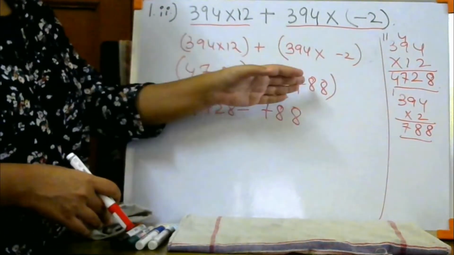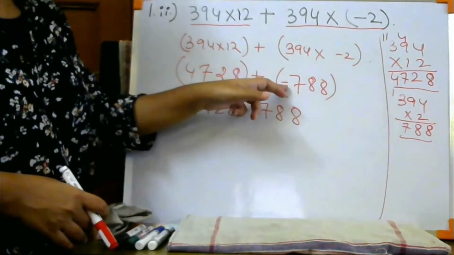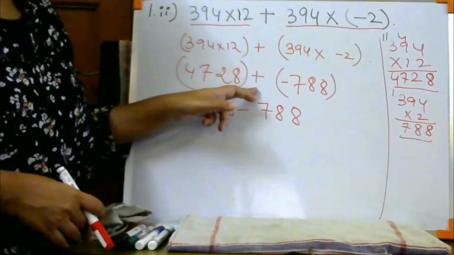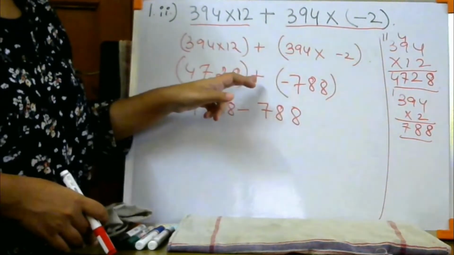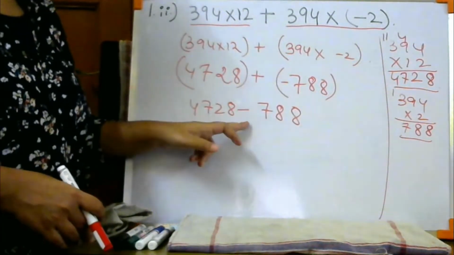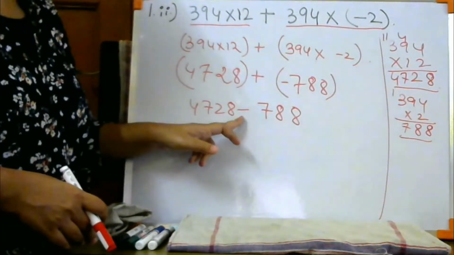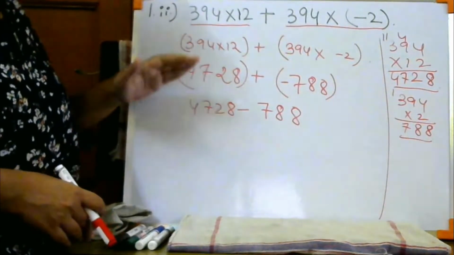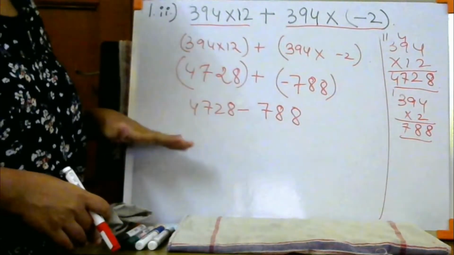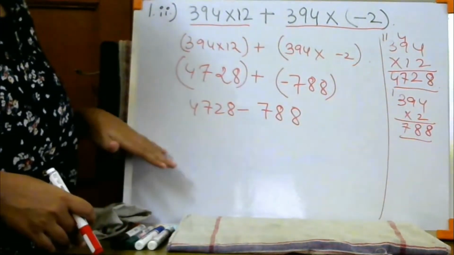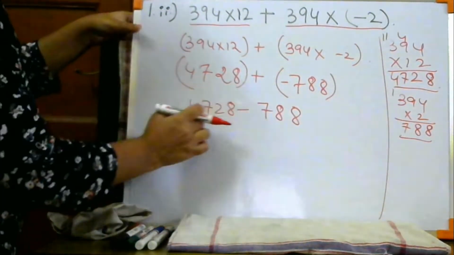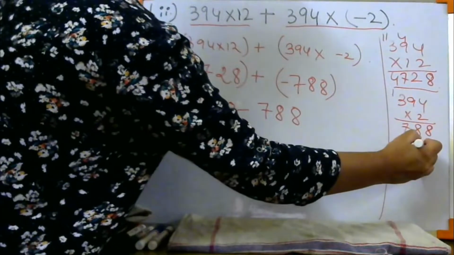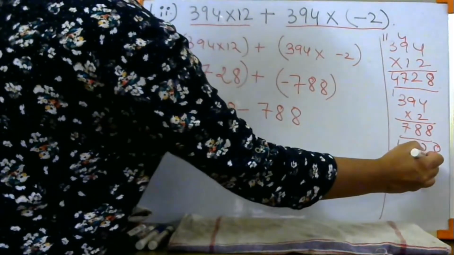When we open the bracket, if there is a minus inside the bracket and a plus outside the bracket, you have to multiply the two signs. So after opening the bracket, plus minus becomes minus. We all know that plus into minus is minus. Just now, on the previous page of this board, I was teaching the rules at that time. Now last step, we are going to subtract this two: 4728 minus 788.